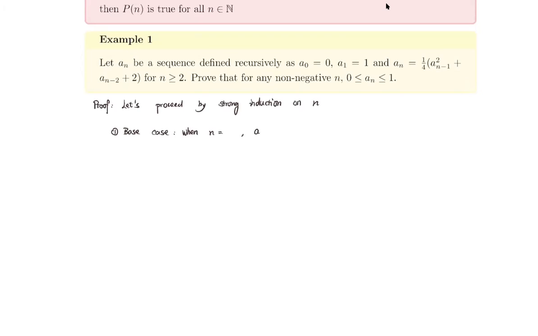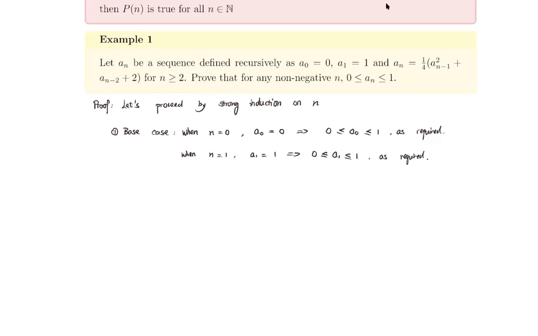When n equals 0, we have a0 equals 0. And we know that a0 is definitely between 0 and 1. And when n equals 1, we have a1 equals 1, which shows that a1 is in between 0 and 1 as well. Okay?